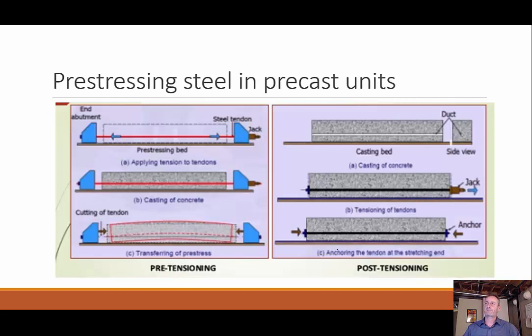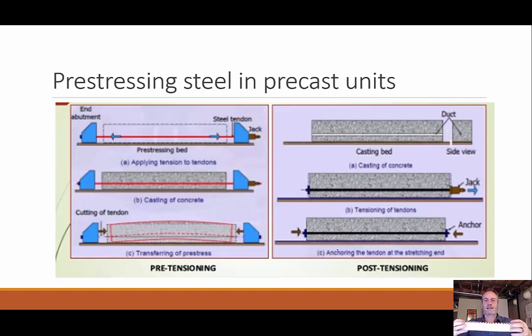One concept with these precast units is the idea of prestressing. Like we said before, concrete is strong in compression, weak in tension, right? So if I were to bend the beam like this, then the bottom is in tension. The idea behind prestressing is, what if I push in the sides at the exact same time that I'm also bending it?